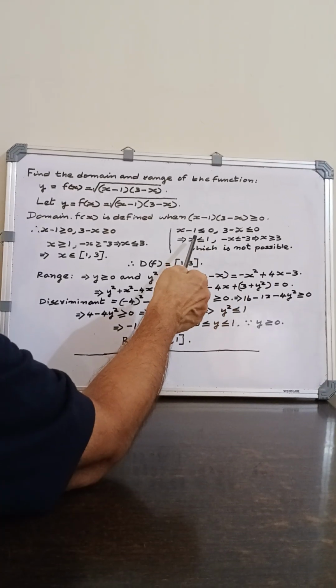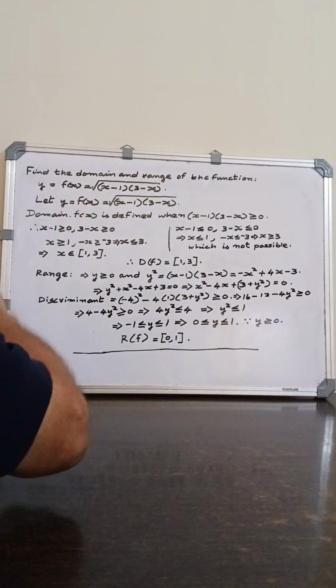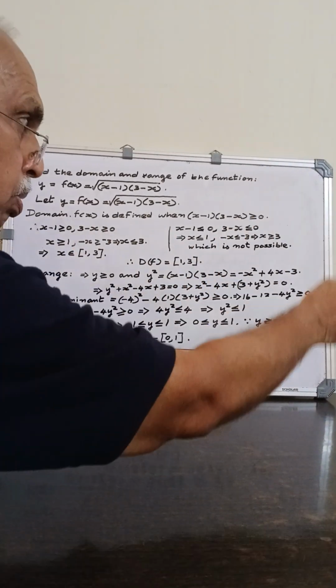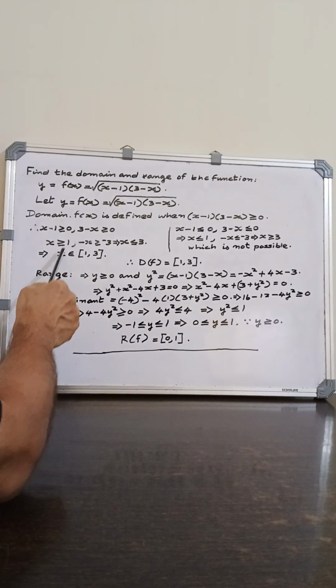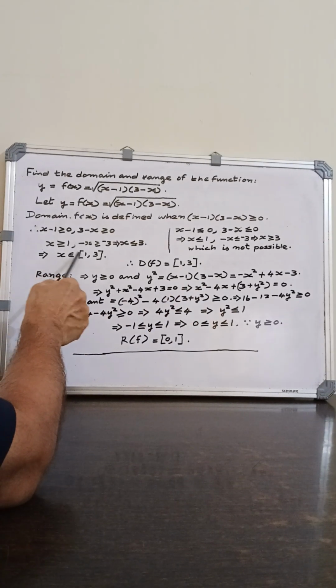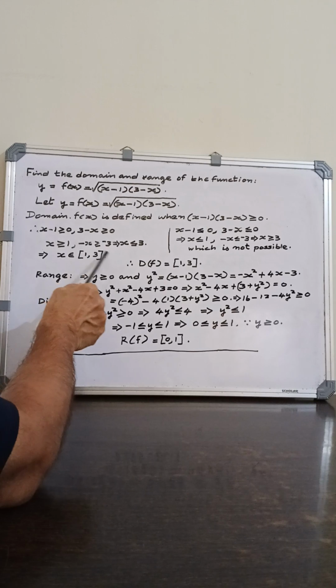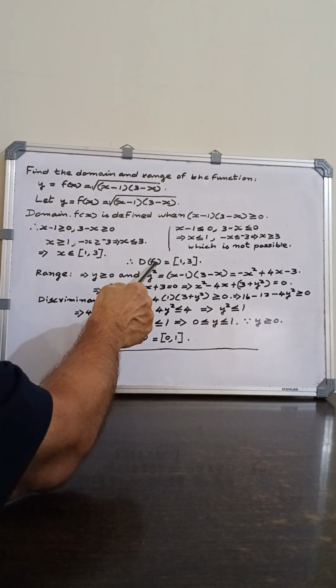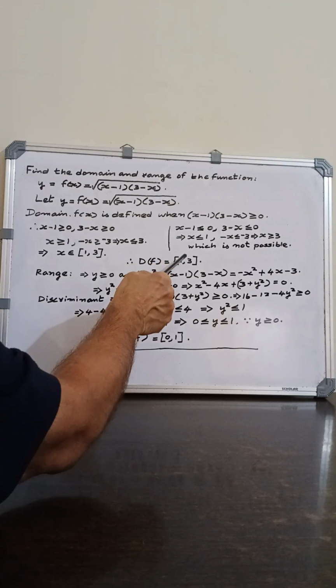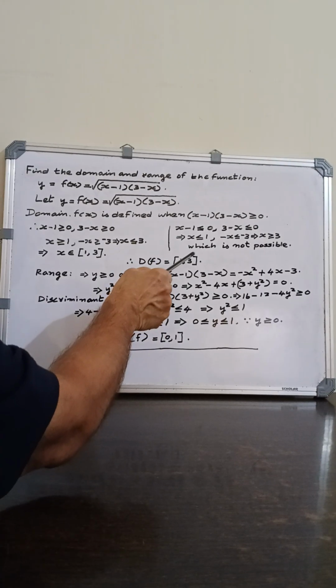Why? Because x less than or equal to 1 and x greater than or equal to 3 together is not possible. Therefore, we consider x belongs to closed 1 to 3. That is considered to be the domain of the function, D of f equals closed interval 1 to 3.